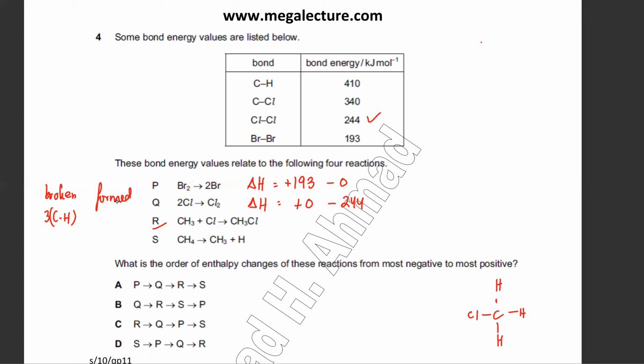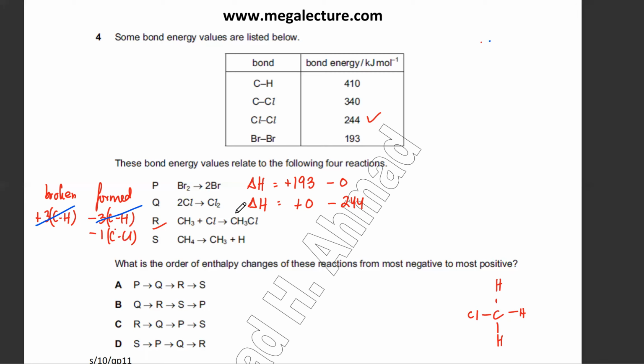So the bonds formed are 3 C–H bonds, and there's going to be one C–Cl bond. Bond formation is all exothermic. The C–H bonds would cancel out. So it's basically one C–Cl bond that's getting formed.